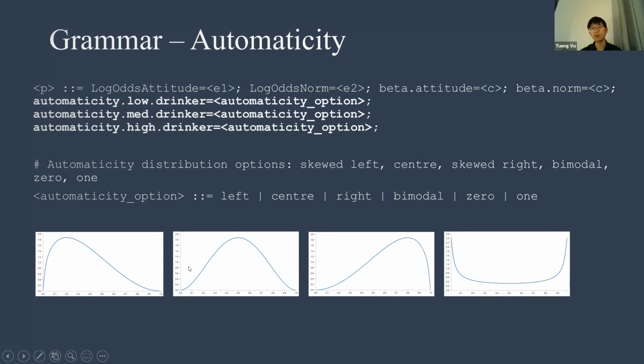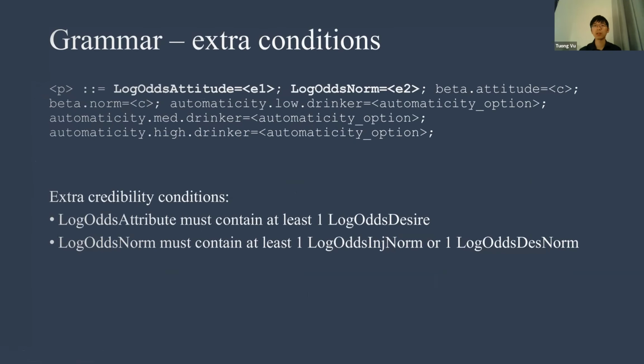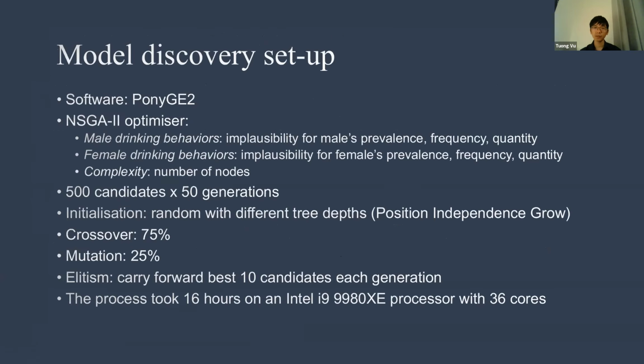And one means that everyone will do habit, we follow the history. And then we also have an extra condition that the log-odds attitude needs to contain at least one design term, and norm must contain at least one injunctive norm or descriptive norm. This is designed to avoid cases where log-odds attitude can be equal to a constant, for example. Okay, so that's the grammar done.